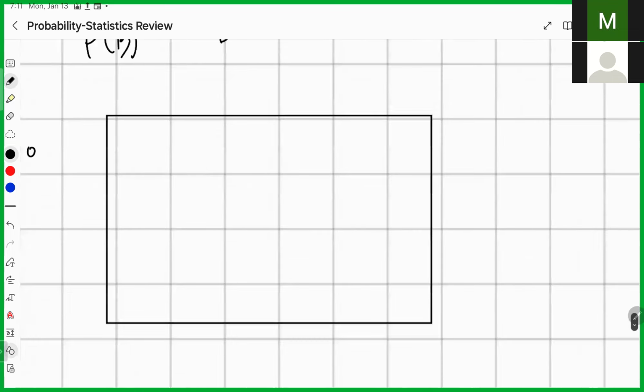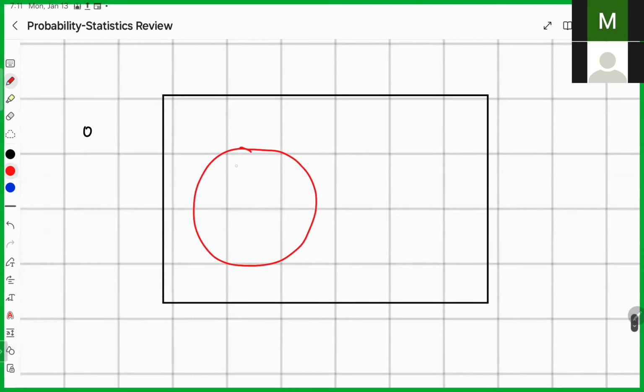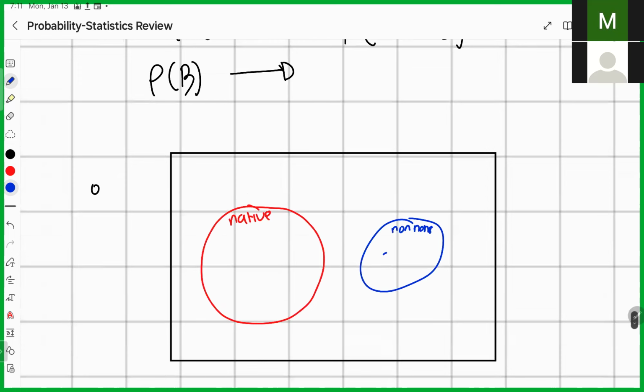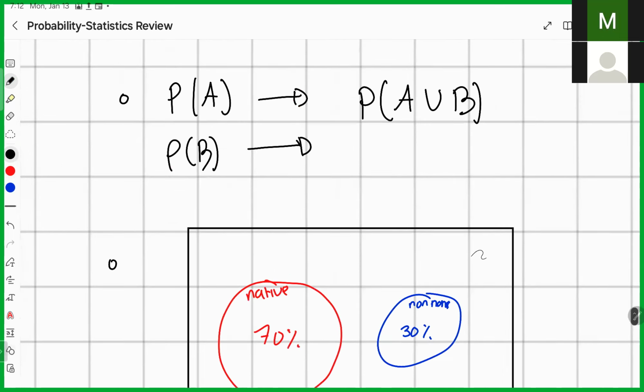Let's say in your hometown, most people are native. This circle is where most people are native, and this circle is non-native. Here you have 30% of them non-native, and then 70% of them are natives, and then the total population is 100%.